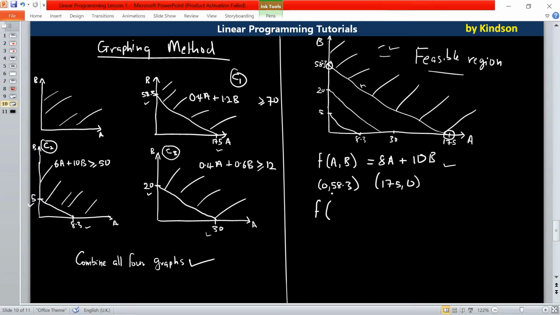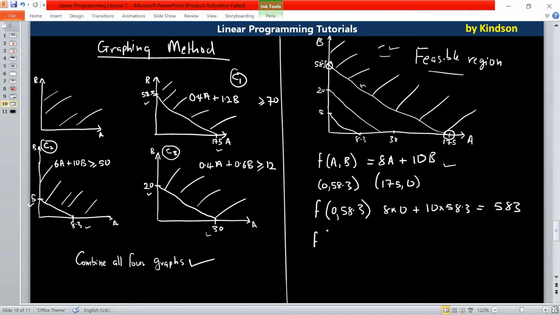The function at the point 0 and 58.3 will give us 8 times 0 plus 10 times 58.3. That will give us 583.